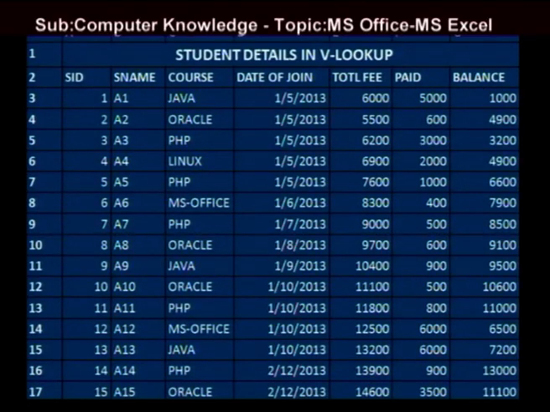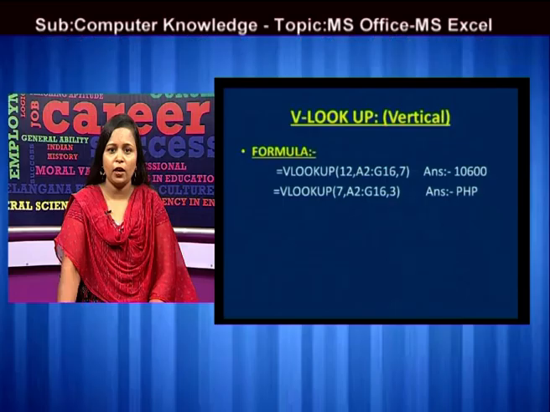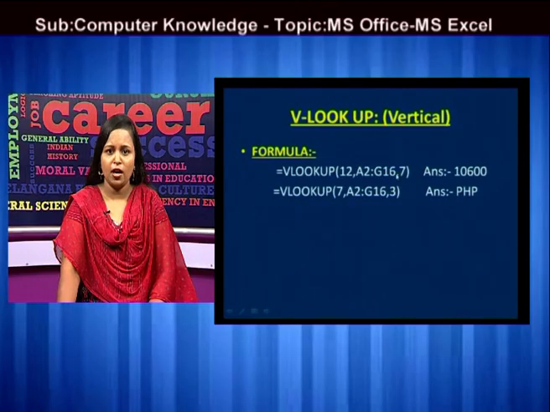Now we have to calculate the VLOOKUP. The VLOOKUP formula starts with equals to VLOOKUP. This is the 12, the lookup number, and A2 to G16 is the table range, and 7.